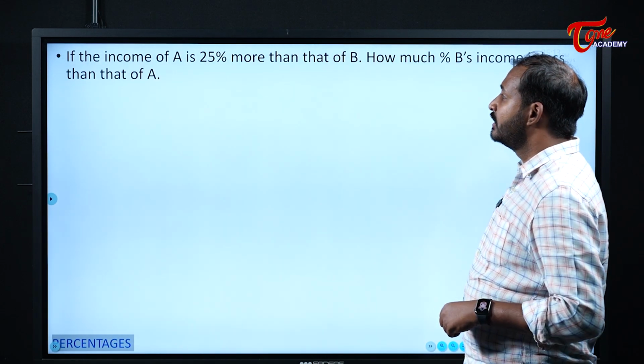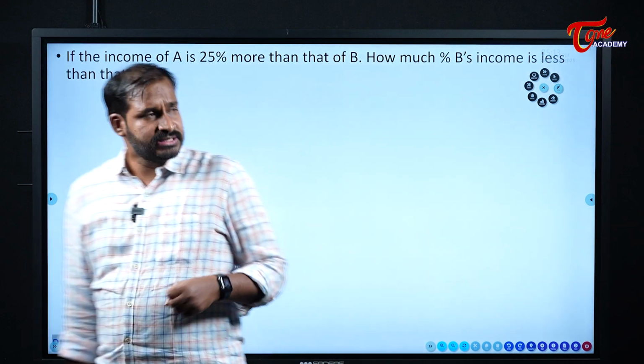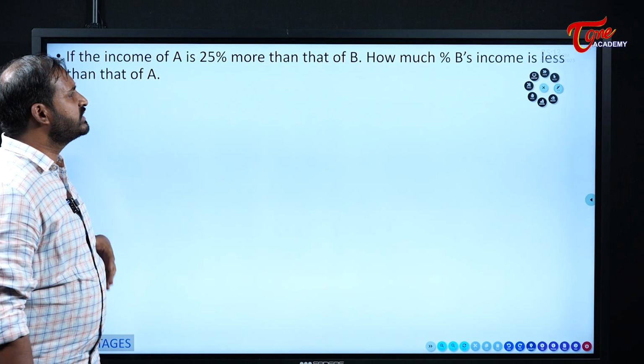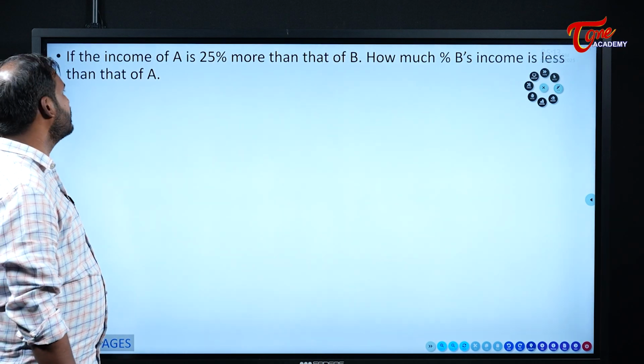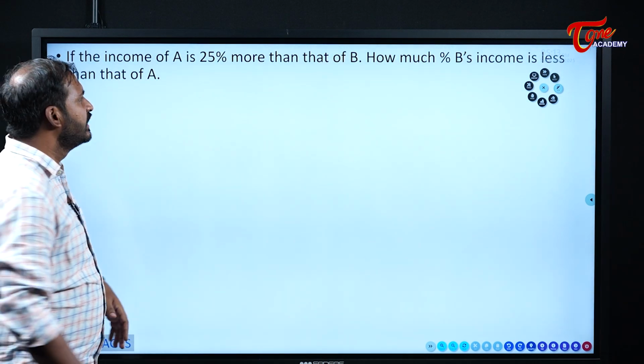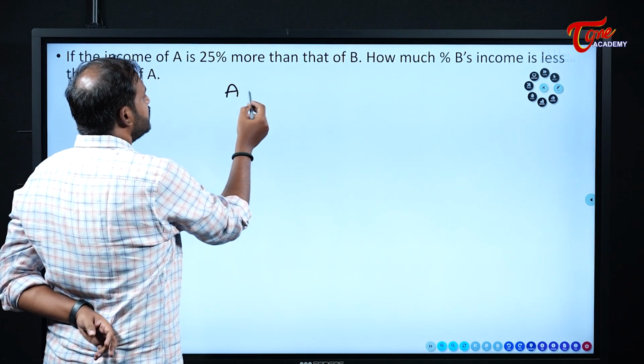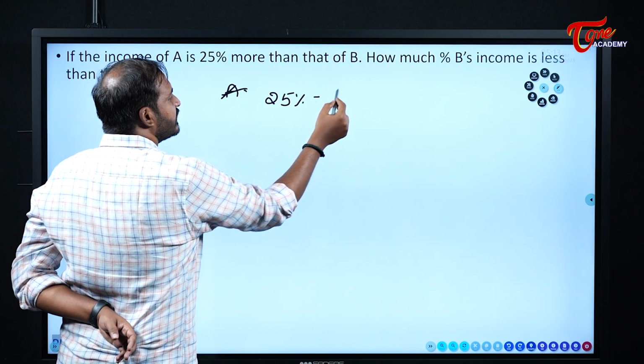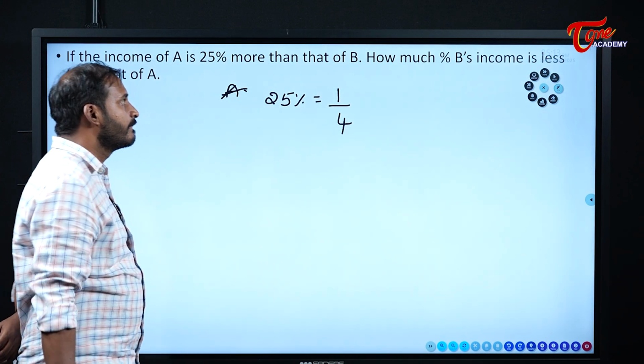Next one. If the income of A is 25% more than that of B, how much percentage is B's income less than that of A? That is the question, right? We will go with our shortcut method only. 25% means what? 1 by 4.